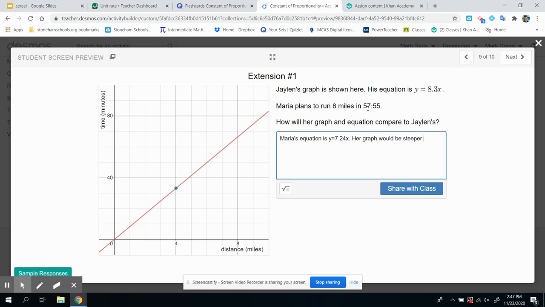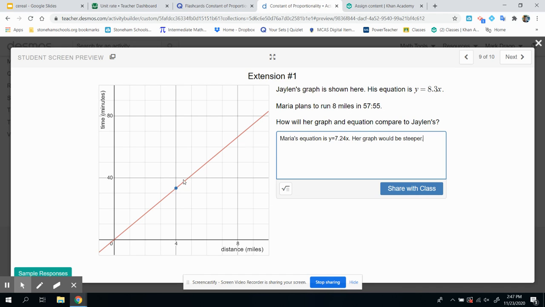Well, if you divide this amount of time by the amount of miles, and be careful of units, you get 7.24. So this would be your equation. And if I graph this equation, her line would be steeper, right? So Jalen, if you remember, ran a mile in 8.3 minutes. Maria would run a mile in 7.24 minutes. So she runs faster, okay?